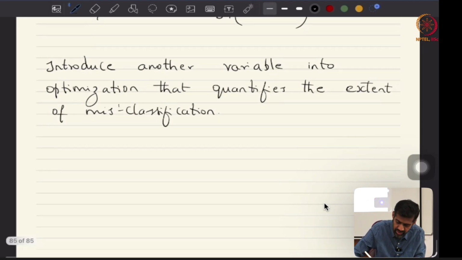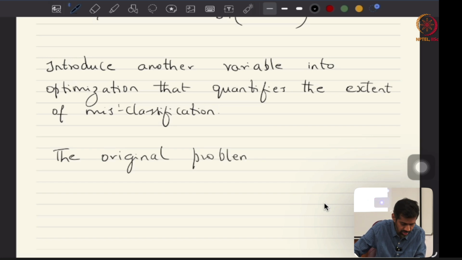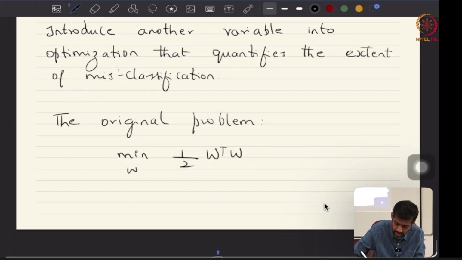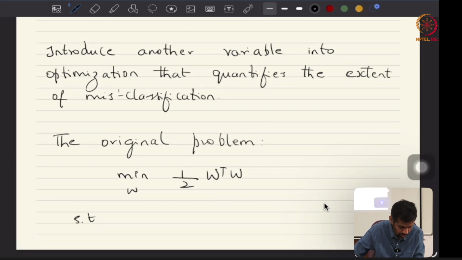The original problem was as follows. The original problem was that you minimize half W transpose W, maximize the margin, subject to yi times W transpose xi plus b greater than or equal to 1, correct?